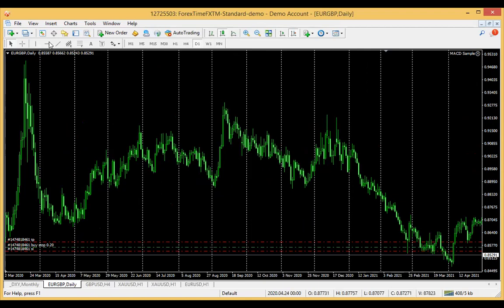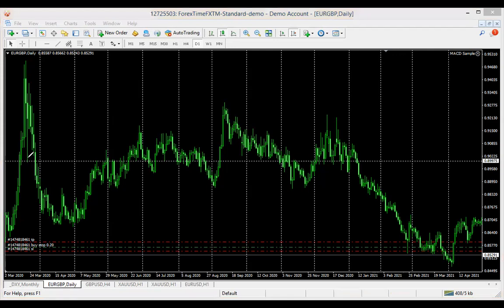And if you use this line to see clearly, you see that this level was a strong level. For a price to struggle to go up at a particular level, it means that that particular level was once a support level.